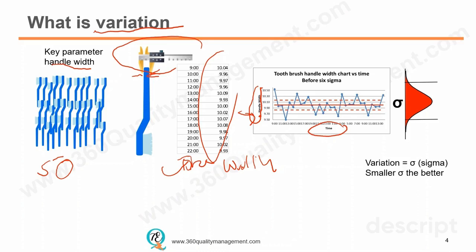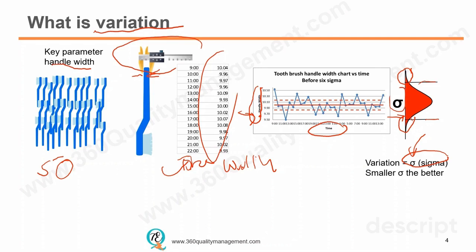And when we compare it to a distribution chart such as this, where these two lines represent the upper and lower spec limits which the customers want, you can see that some of these measurements are already over the specs. Variation is actually represented by a component called standard deviation, or here, to make it simple, a sigma.